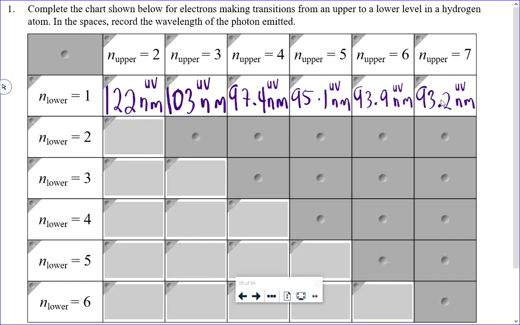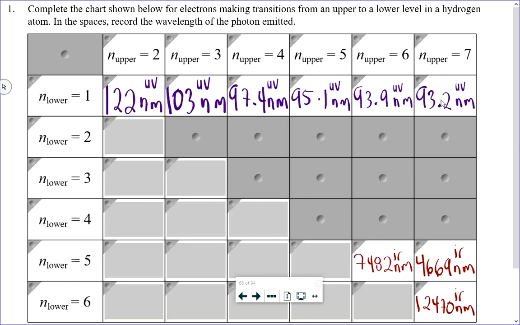Well, then you get a super long wavelength, 12,000 nanometers, which is infrared. Okay, you get 12,000 nanometers. If you do from 7 to 5 or 6 to 5, you're going to get infrared again.